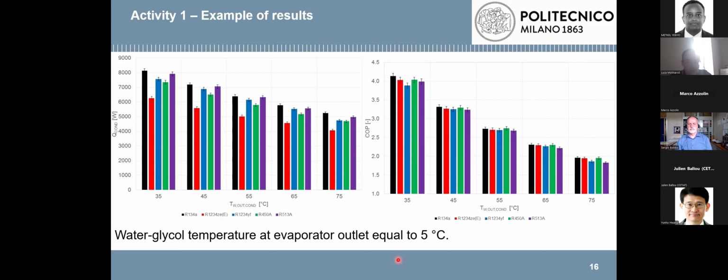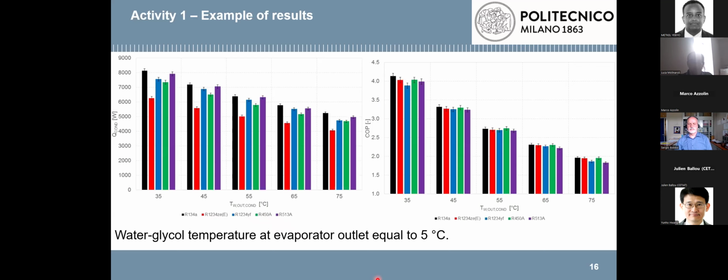As you can see, we compare 5 different refrigerants: R134A, which is the baseline, then the 2 HFOs, the 1234ZE and the YF, and then the 2 mixtures of R134A and the 2 HFOs, basically R450A and R513A.